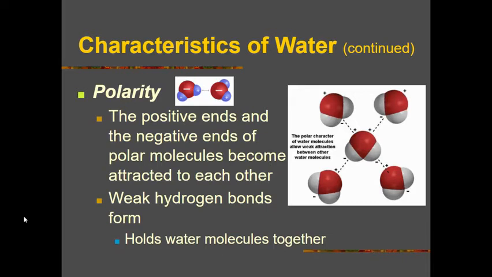So because of water's polarity, it's able to form these weak hydrogen bonds that we talked briefly about in the last slideshow. So the positive ends, the ends where they have the hydrogen, and the negative ends of a completely different molecule, the oxygen part, are going to become attracted to each other.